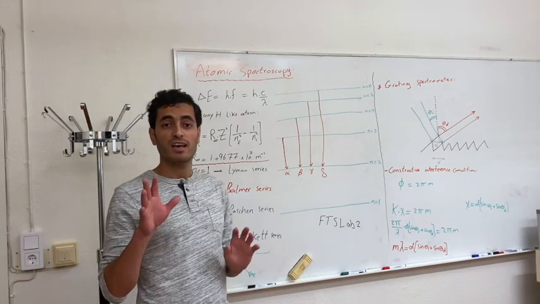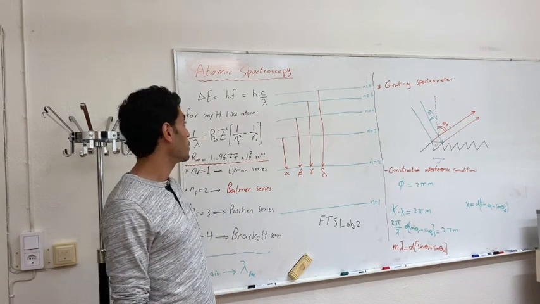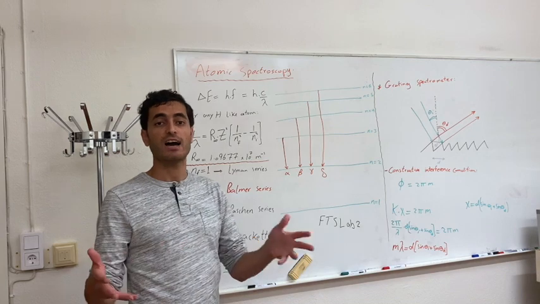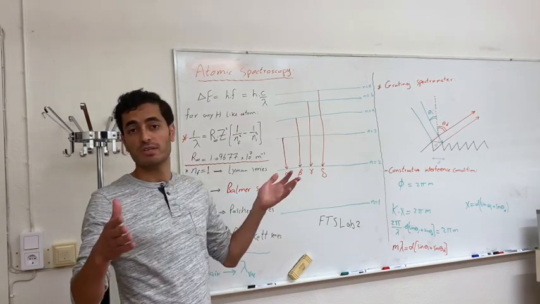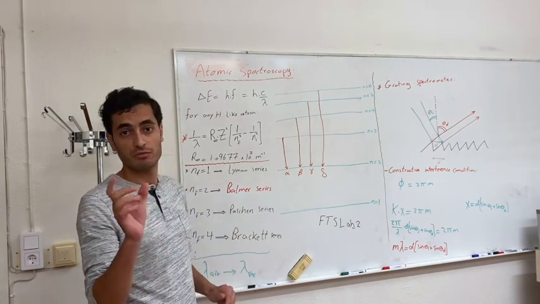So I guess so far you heard about the photoelectric effect, and you know that the main idea is that light is quantized. So you cannot have a continuous energy. It only comes in packets of energy called photons.